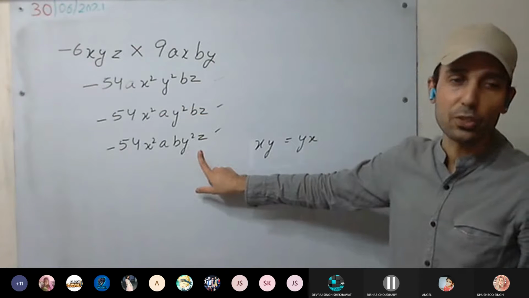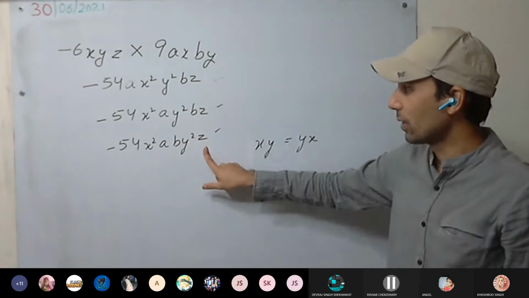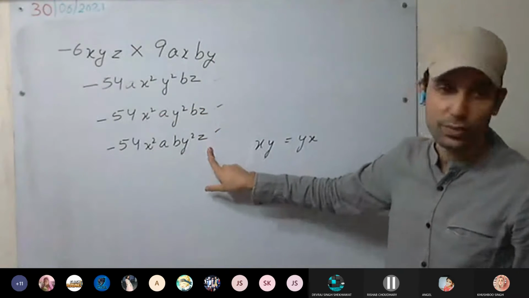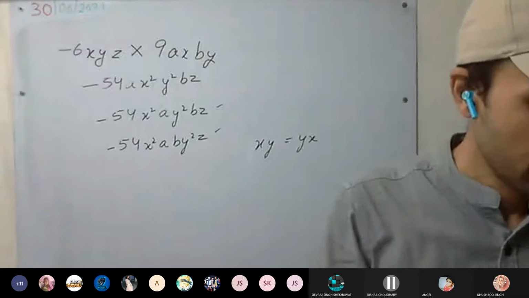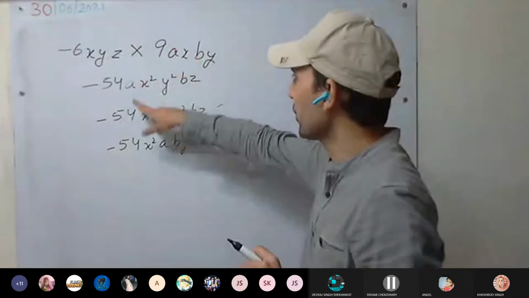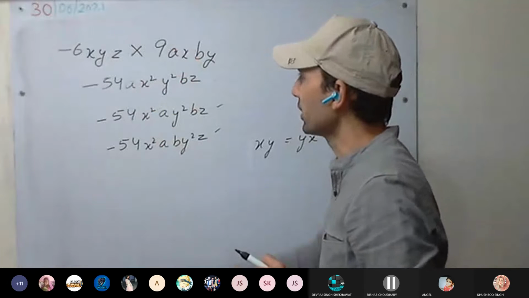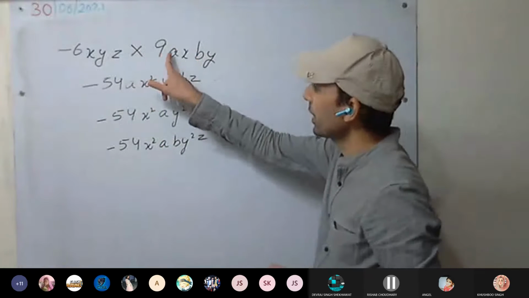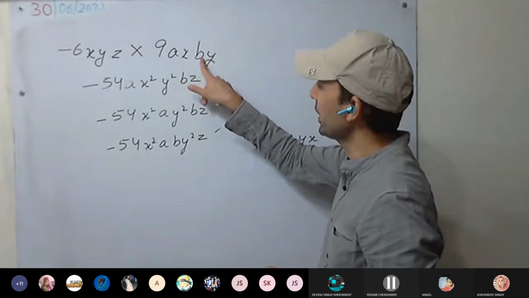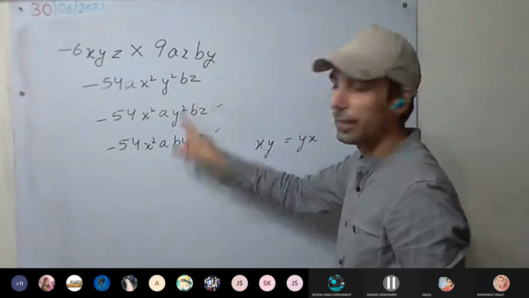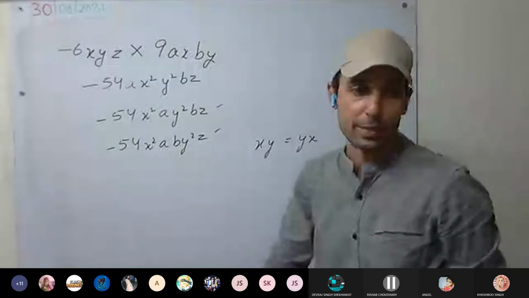Don't worry which one to write first. It's up to you. You can write a first, then x square, then b, then y square z as well.